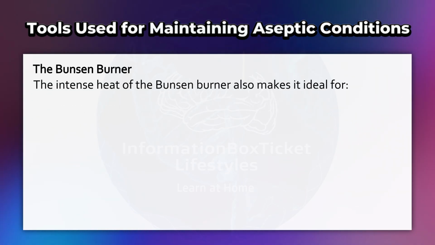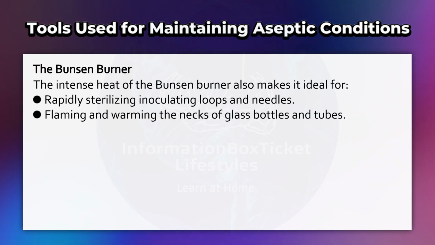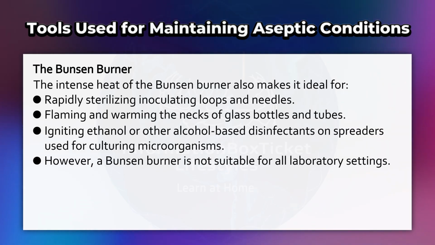The intense heat of the Bunsen burner also makes it ideal for rapidly sterilizing inoculating loops and needles, flaming and warming the necks of glass bottles and tubes, igniting ethanol or other alcohol-based disinfectants on spreaders used for culturing microorganisms. However, a Bunsen burner is not suitable for all laboratory settings.